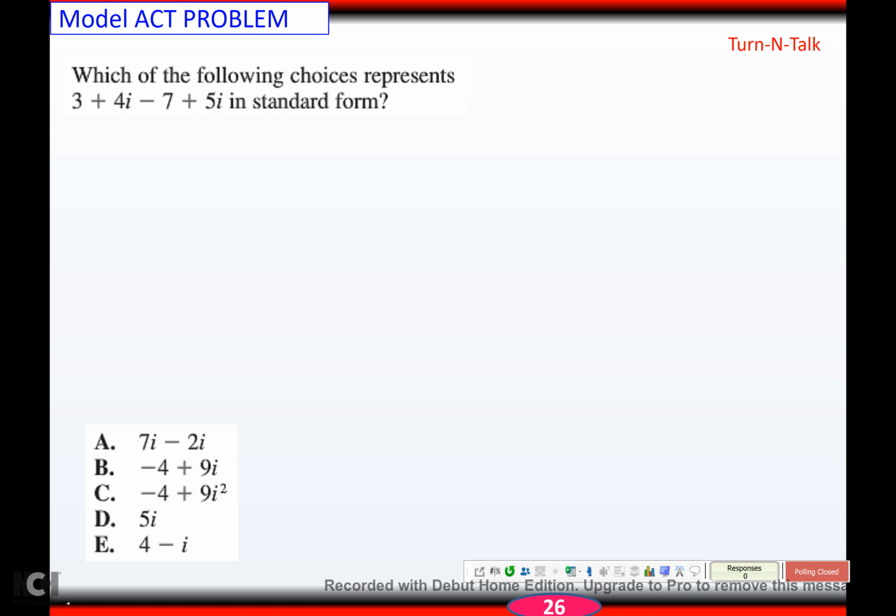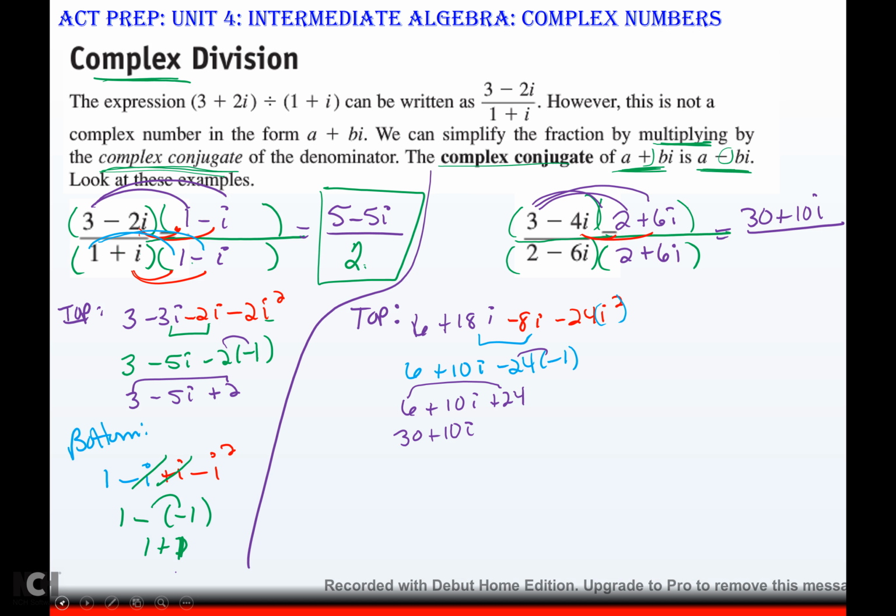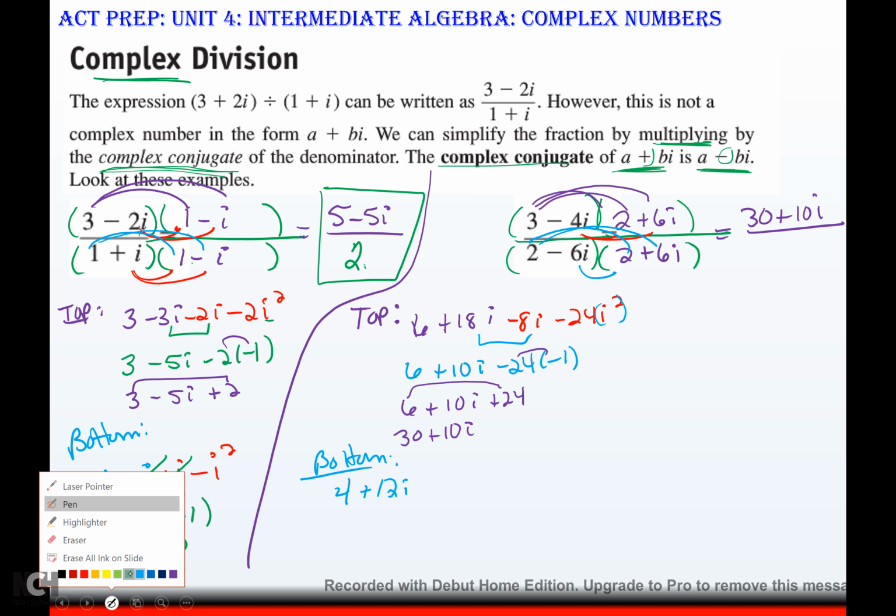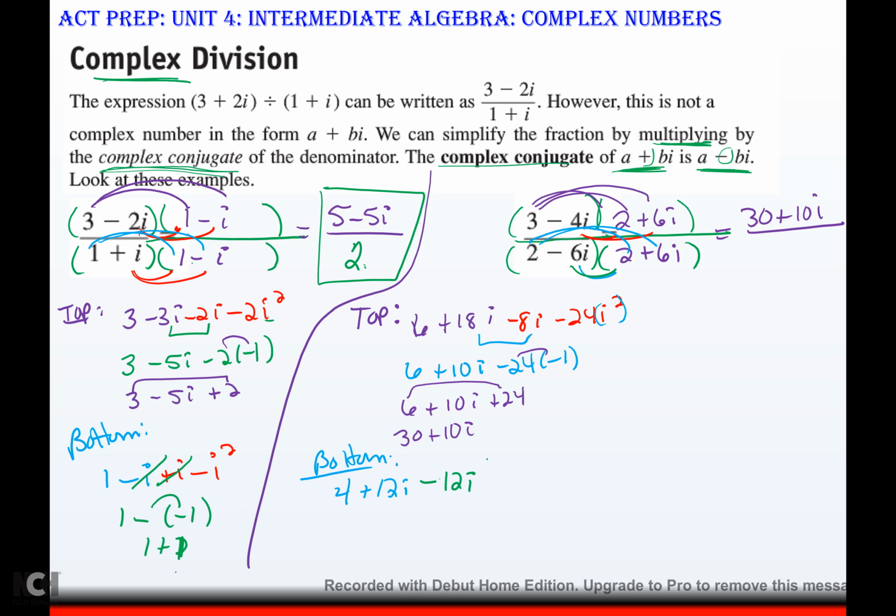Okay, on the bottom, I'm going to have 2 times 2, which is 4. 2 times positive 6i is positive 12i. Negative 6i times 2 would be negative 12i.